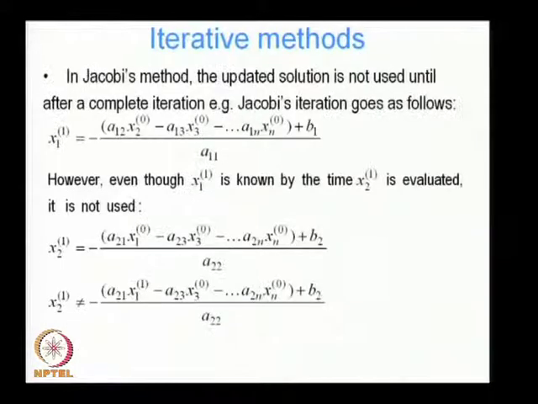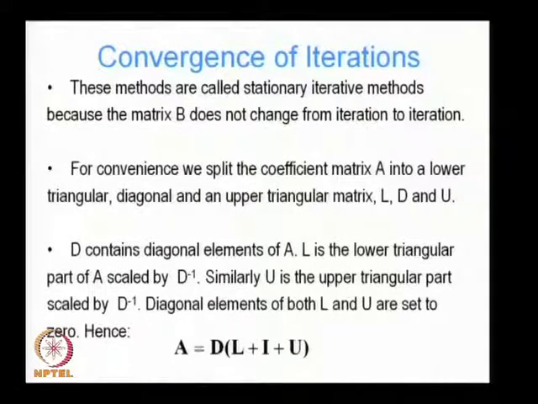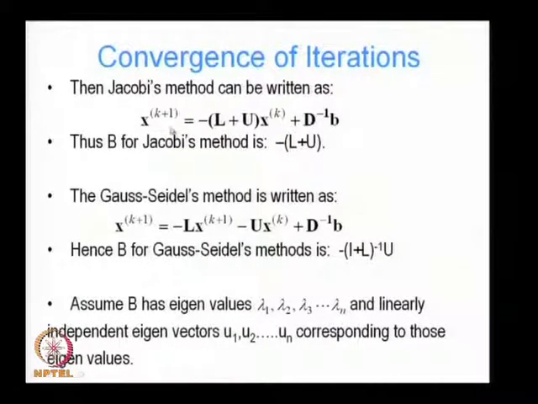So, I can write the Jacobi equation in this form: x^(k+1) is equal to minus (L plus U) x^k plus D inverse of b. Comparing it with our standard form for stationary iterative methods, it is clear that B is equal to minus (L plus U) for the Jacobi method, right.